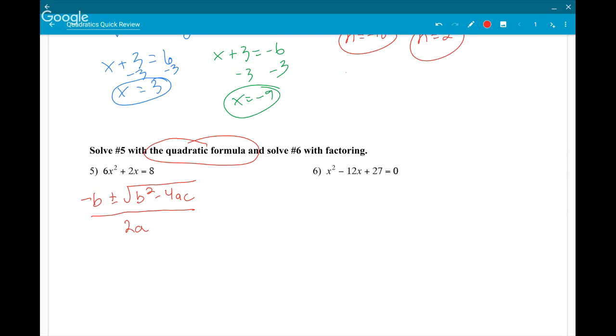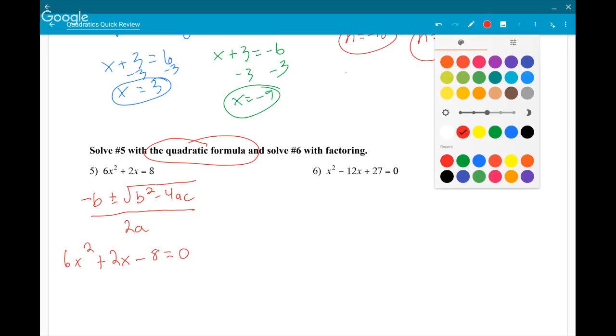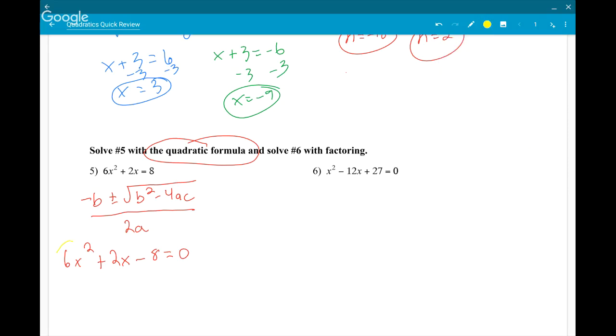So for this particular one, I'm equal to 8. So I need to subtract 8 from both sides in order to get this equal to 0 just to start the problem. So 6x squared plus 2x, I'm subtracting 8 from both sides, so I get minus 8 equals 0. What I've written right down here now, I'm going to circle it.